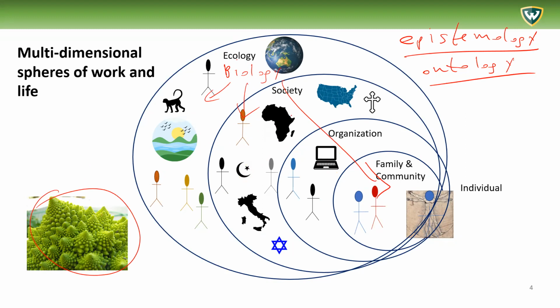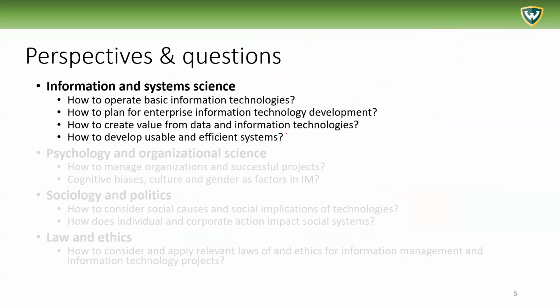So this sphere-like, multidimensional process is everywhere, within spheres and across them, and within ourselves and so on. So that's a little bit of how I view my work and also this class and life in general.